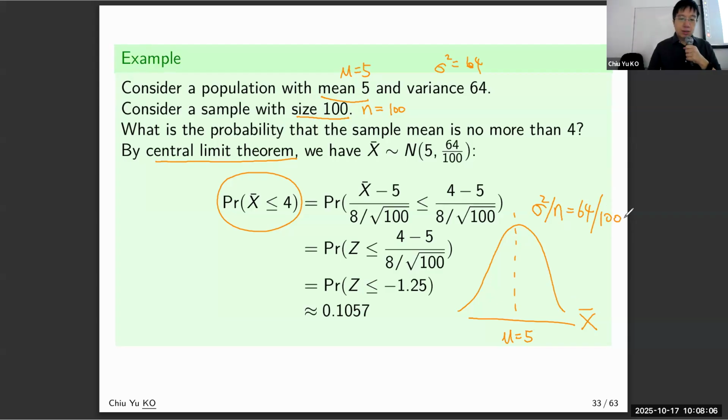And we say no more than 5 or more than 4. The question is simply asking you this, right? 4 is here. If you look at the SD, which is sigma over root n, which is 8 over 10, which is 0.8, right?